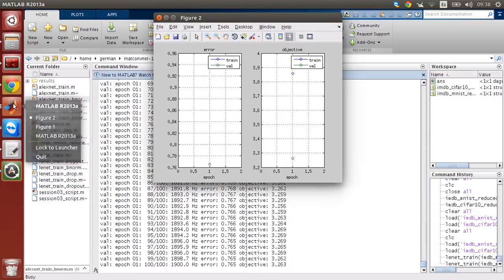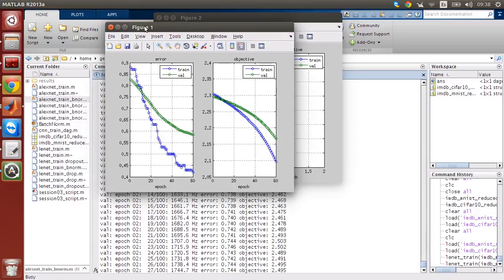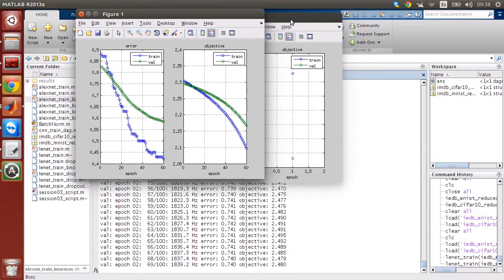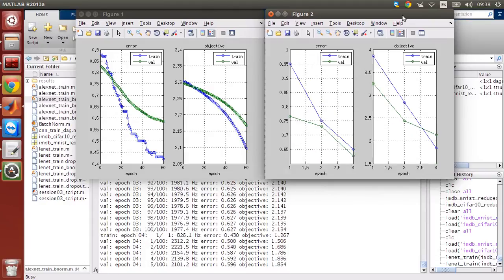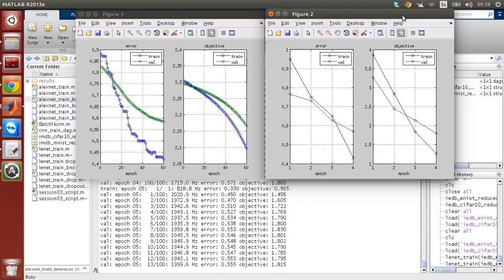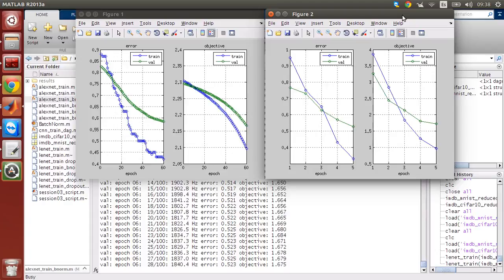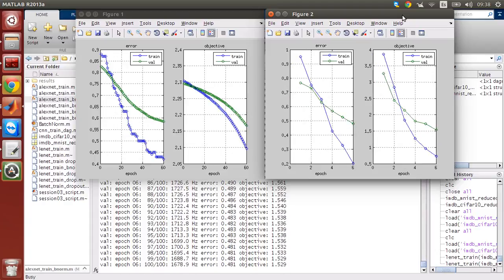Let me keep this plot as a reference. Okay, we have started. I'm going to speed up the video. Wait a little bit until we are about to reach 60. And the validation error is already less than before.